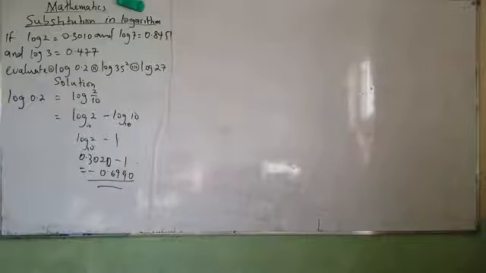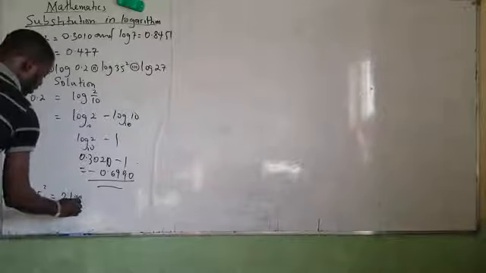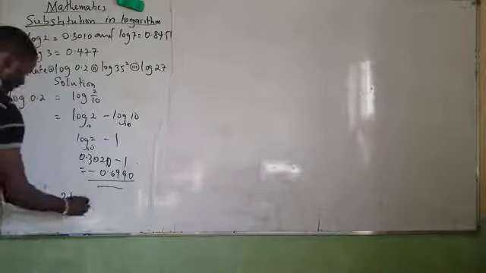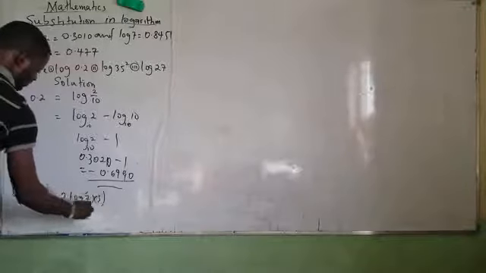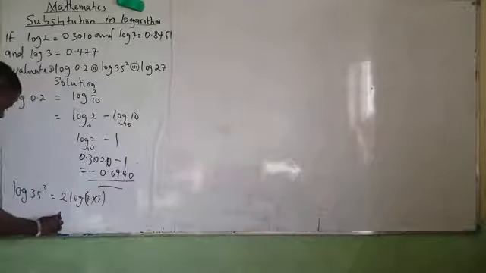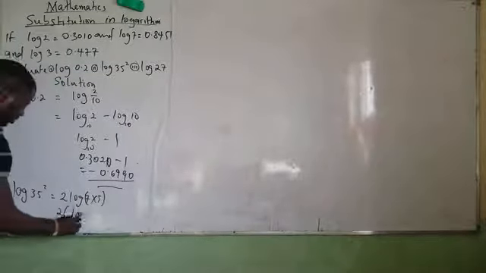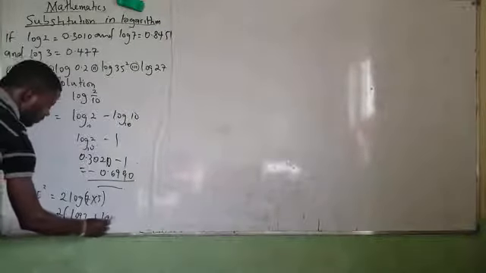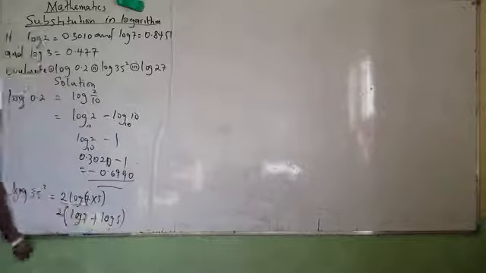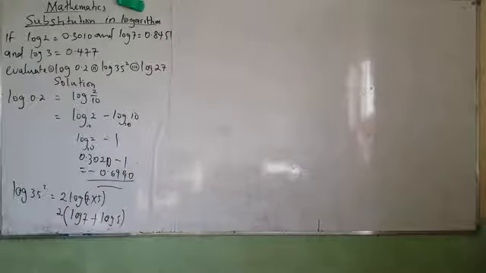Now another question is here, which is log of 35 raised to the power 2. Now, log 35 squared can be written as 2 log 35, and 35 can be 7 times 5, which I can say is 2 bracket of log 7 plus log 5. Now, this is where you need to think.